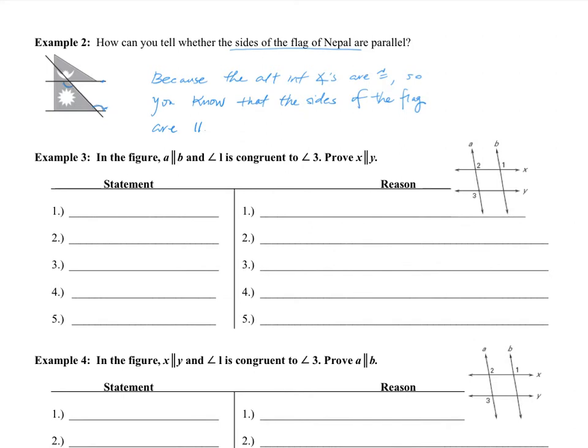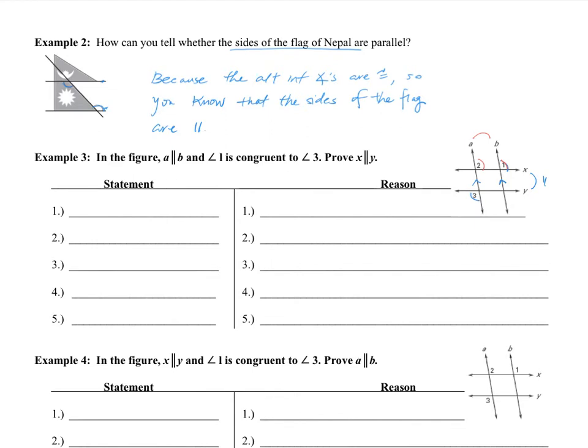Example 3. In the figure to the right here, A is parallel to B. So a tip would be to mark it in your picture, and angle 1 is congruent to angle 3. And I want to prove that X and Y are parallel. So if A is parallel to B, then I know that angle 1 and angle 2 will be congruent by the corresponding angles postulate.